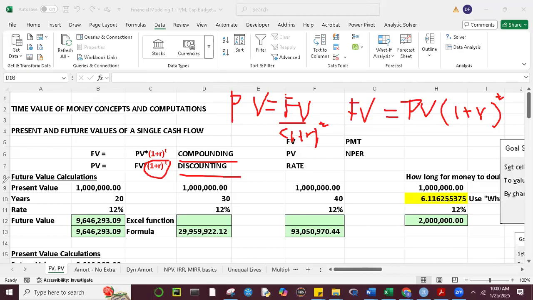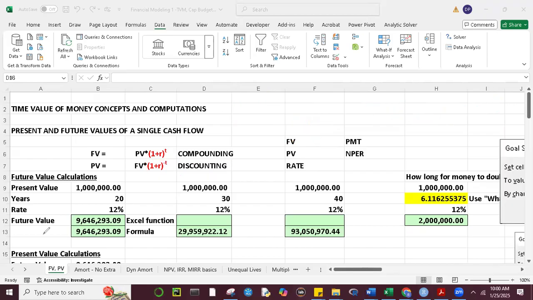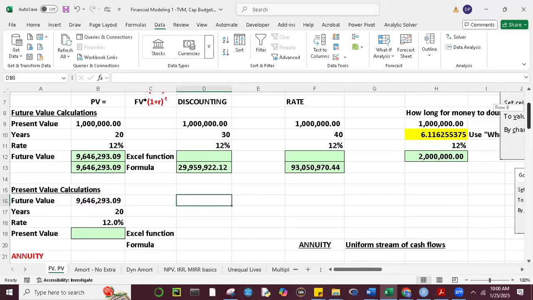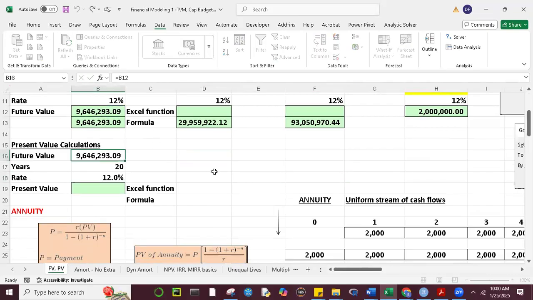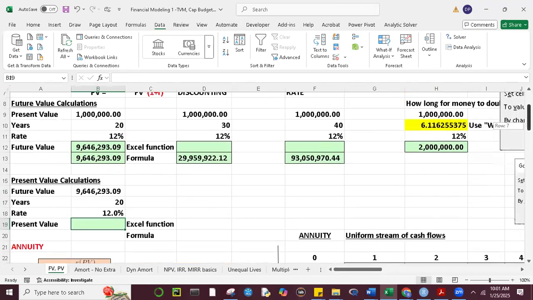All right, so let's go to the present value process. Present value here. This time, we're going to link it with this one. Given the future value of 9.6, 20 years, 12%, of course, we know that we should be getting 1 million, because these are just equivalent processes.